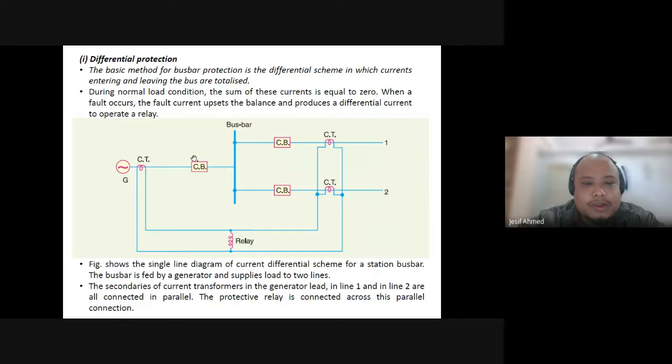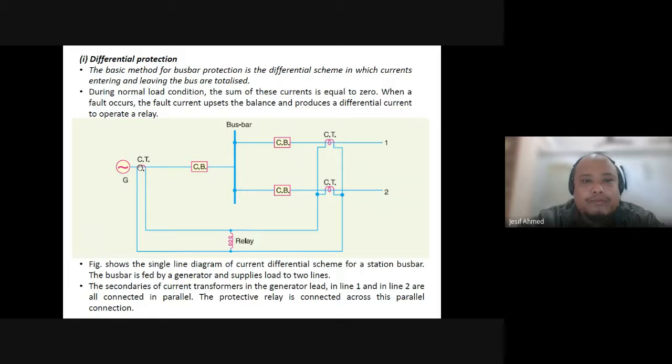So in differential protection, what is done, as you can see, this is a bus bar. This is the incoming line from the source, and these are the two outgoing lines from the bus bar. So this is the bus bar section. On the two sides of the bus bar, two identical CT sets are being used, as you can see.